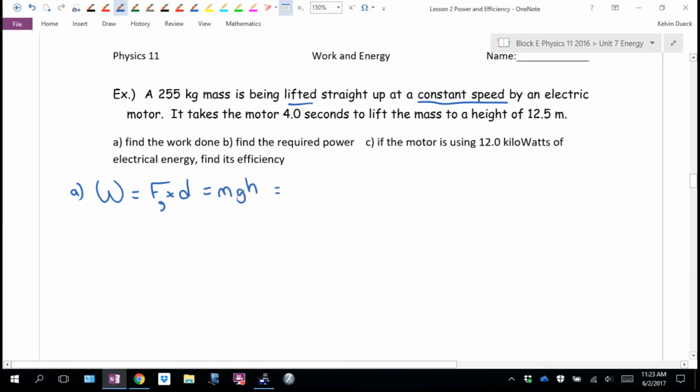Natasha, what's the mass? Did they give it to me? How big? Yep. 255. G, 9.8, not negative because we're in scalar. What's the height? Good. How many joules of work is this motor doing?